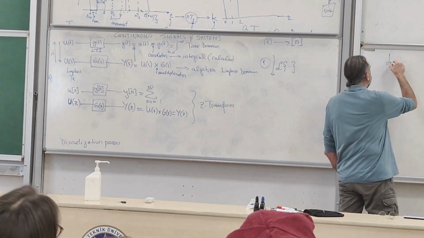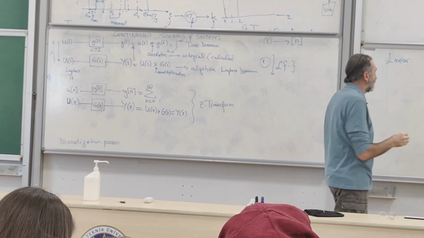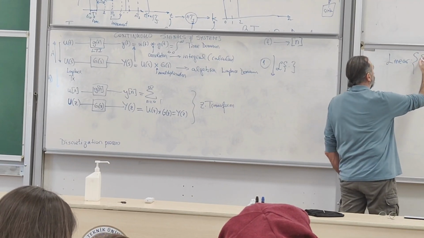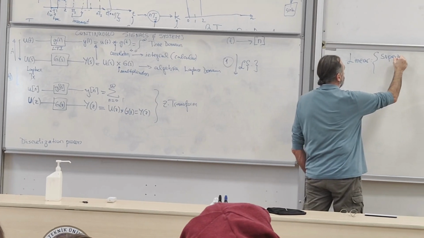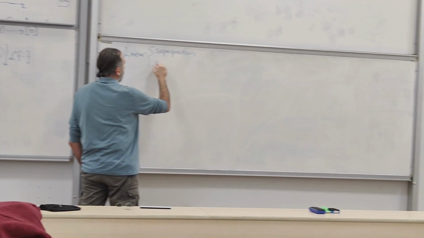Now, linear, as you remember, has 2 distinct properties. One is superposition, and 2 is scalability.